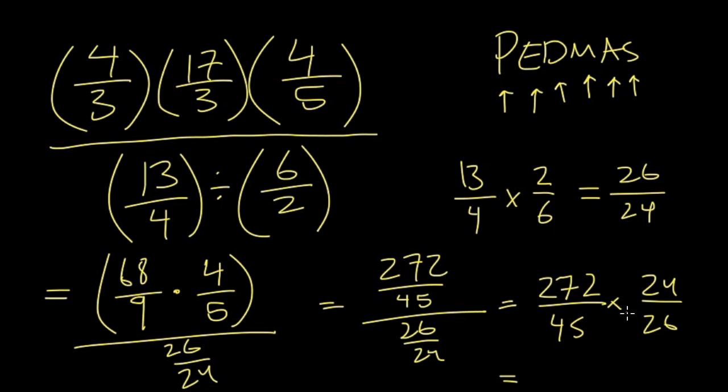Now, I am left with 272 times 24. Using my calculator, I find the answer being 6,528 over 45 times 26, which gives me 1,170.